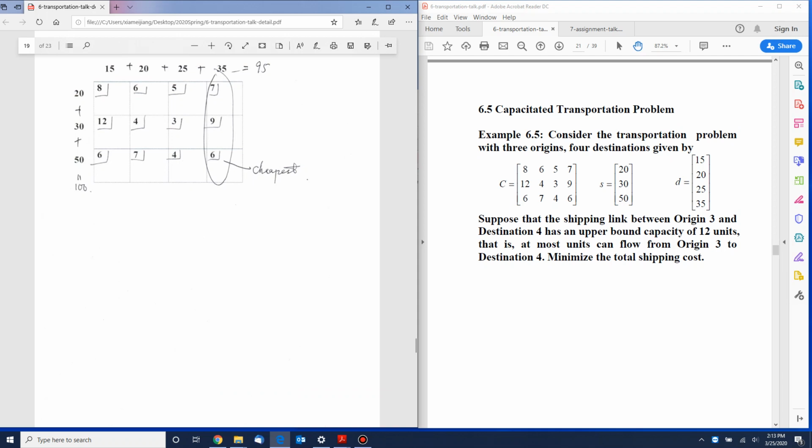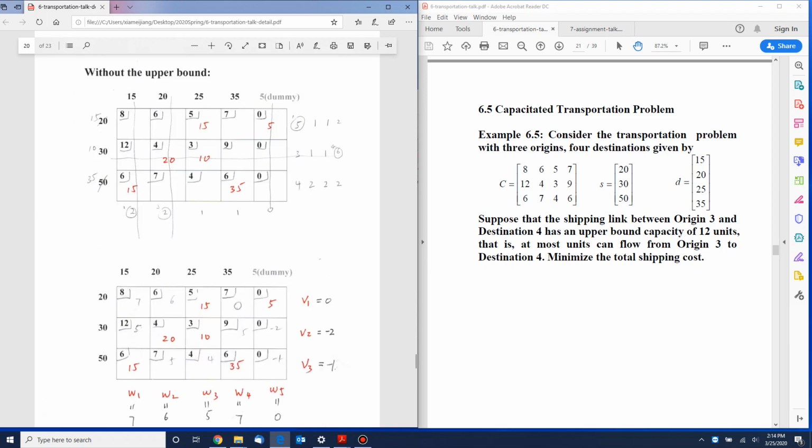Okay, now first of all we check the amount for demand and for supply. You could see that we have 100 total units in supply and 95 units in demand. So in this way, that means we have to set up a dummy destination, right?